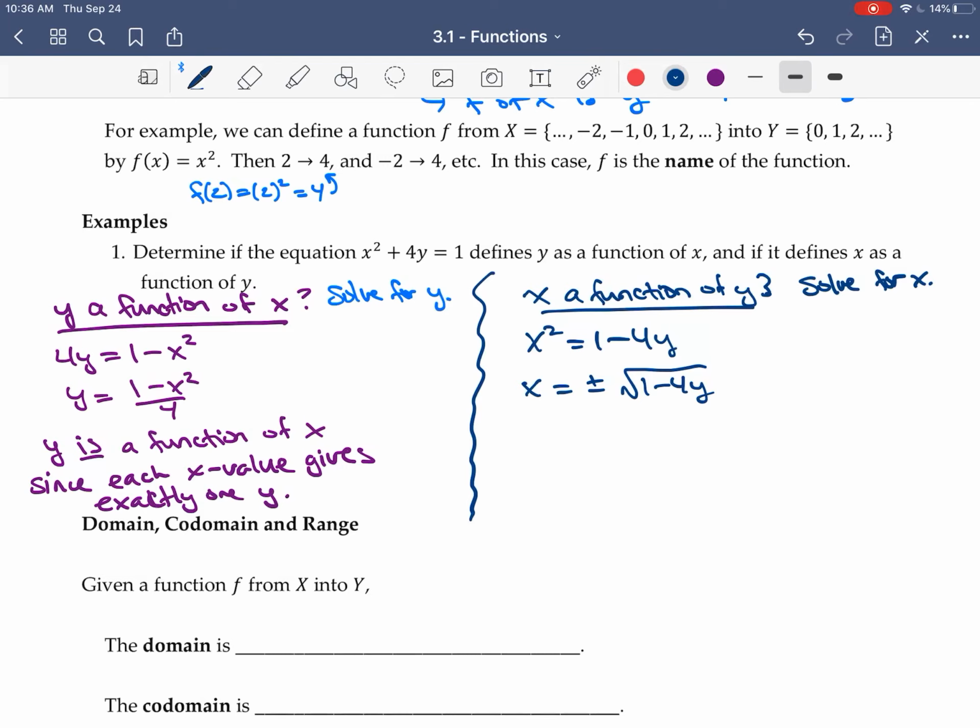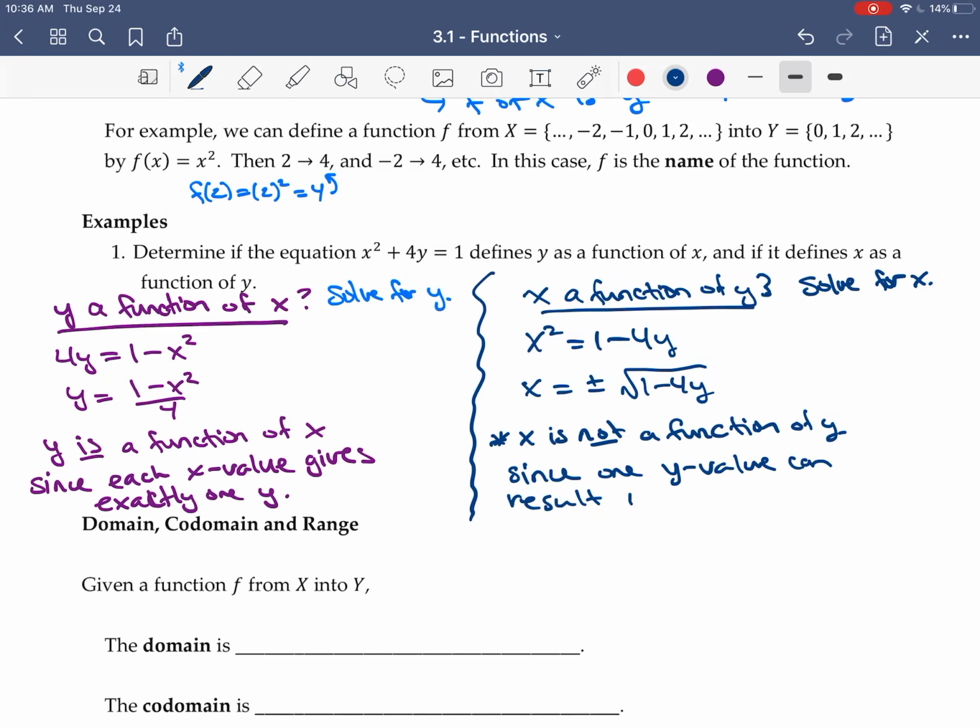Now here we can see that x is not a function of y, since one y value can result in multiple x values.